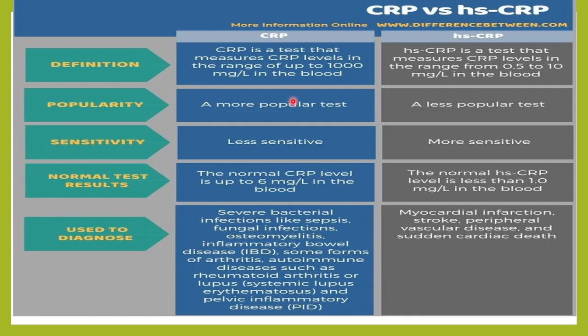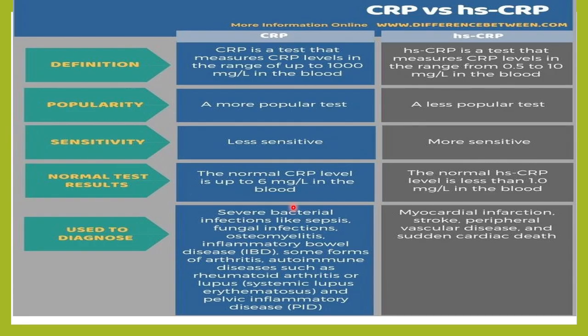Sensitivity wise, CRP is a less sensitive test, whereas hs-CRP is more sensitive. Even a little rise is detected by the hs-CRP test, so this is the highly sensitive C-reactive protein test. Here in CRP, I have told you, you can get the normal result up to 6 milligram per liter.